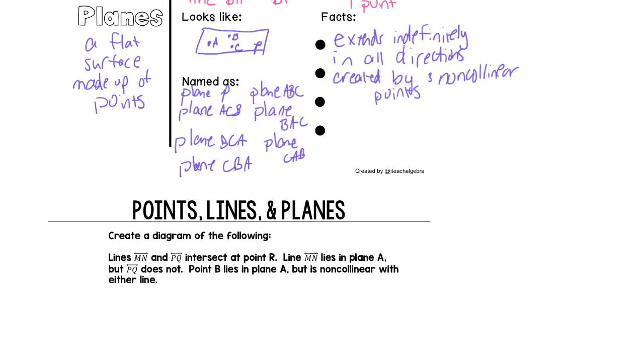That means there are 3 points not on the same line. If we look at A, B, C, those are points not on the same line. They are coplanar, which means they're points on the same plane.